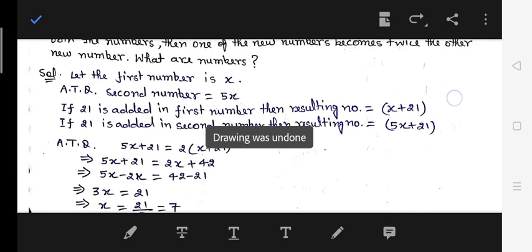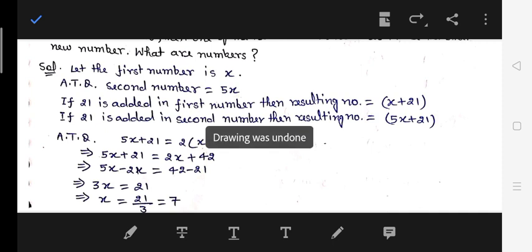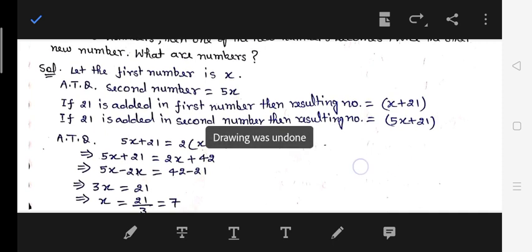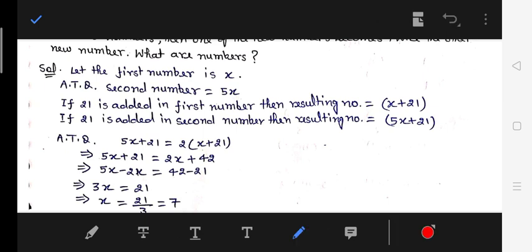So according to the question, 5x plus 21 will be twice the second number. So 5x plus 21 equals 2 into x plus 21. So here I have made the equation. Now you need to solve that equation to get the value of x.